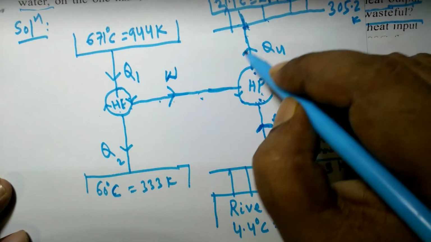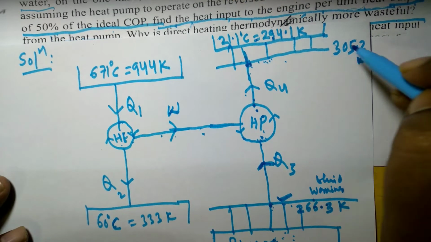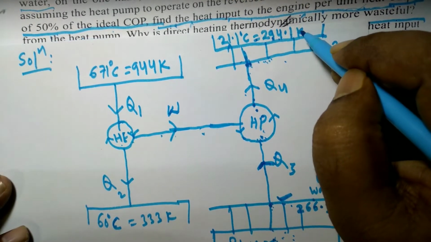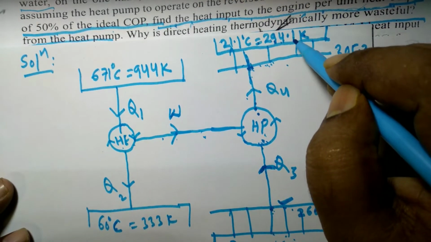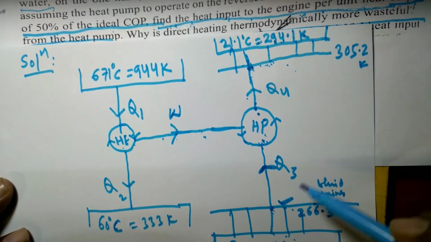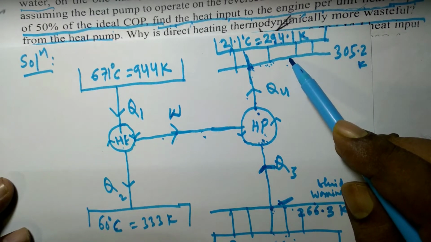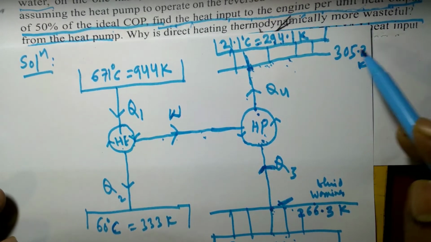Since heat always flows from high temperature to low temperature, the temperature at this end would obviously be higher than this 294.1, and as per the question, the difference is the same in both directions, at the low temperature end and at the high temperature end. So that is 11.1 degrees Celsius.